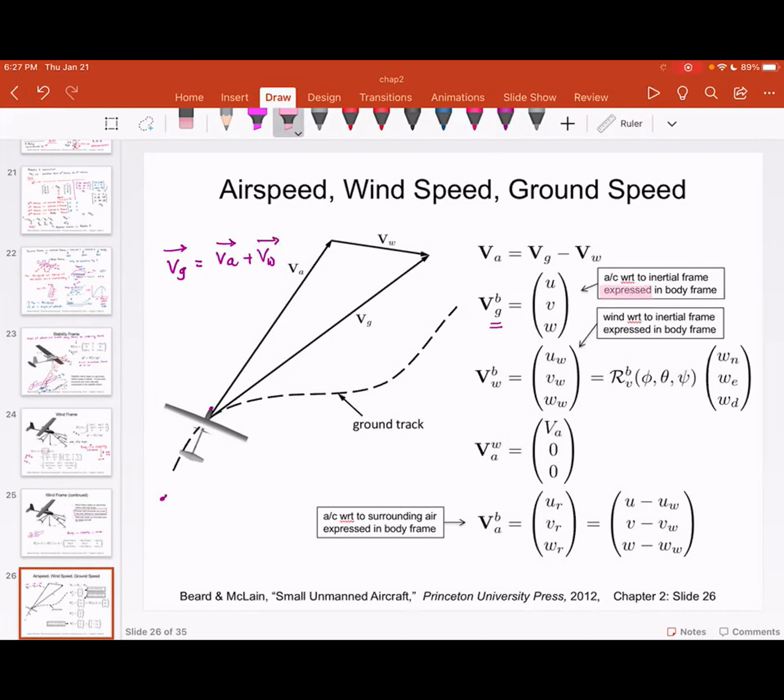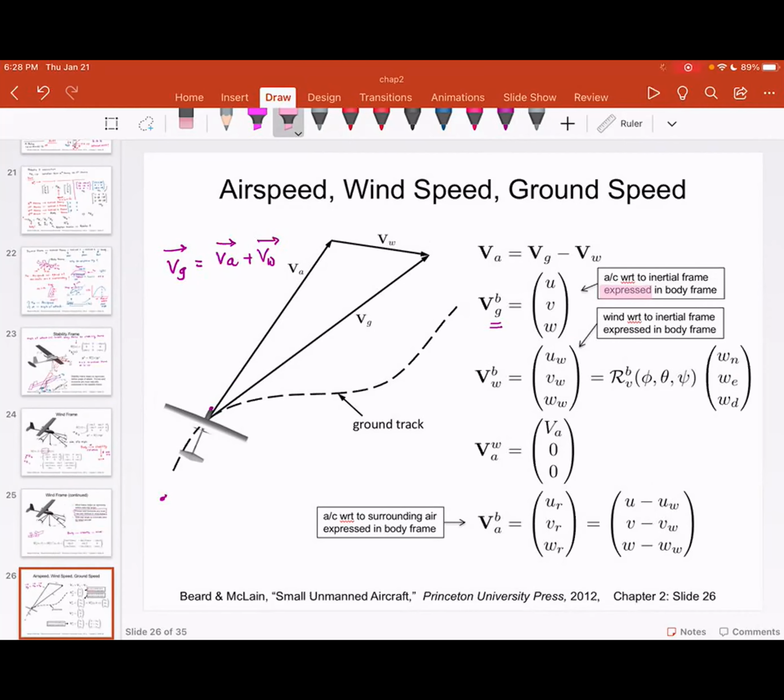For example, if you have a GPS and you try to measure the speed of the aircraft using GPS, it is going to give you the speed in the earth-centered, earth-fixed inertial frame. But based on the roll, pitch, and yaw angles, you will convert the earth-centered, earth-fixed velocity into a body frame velocity.